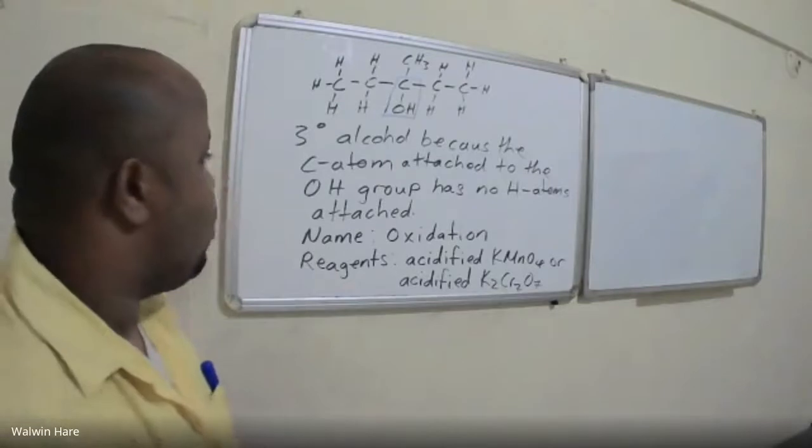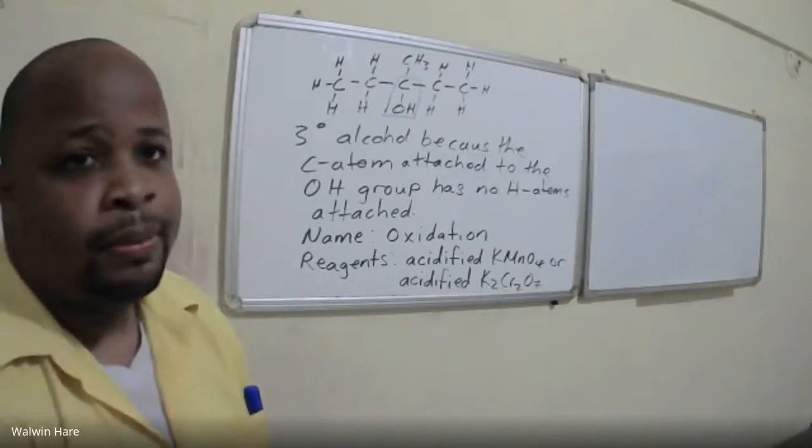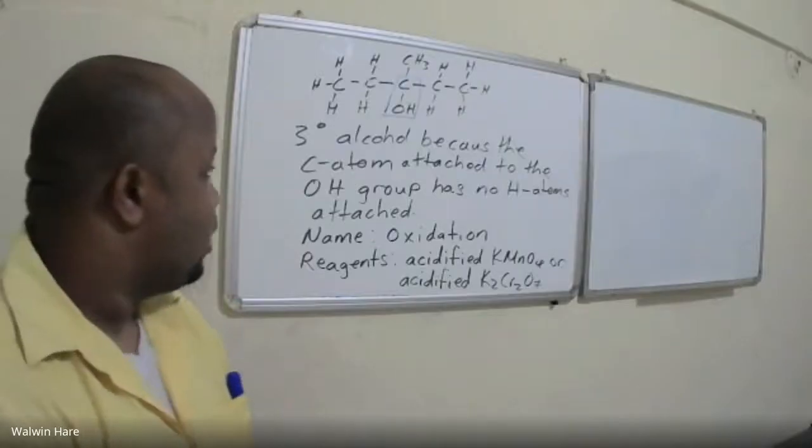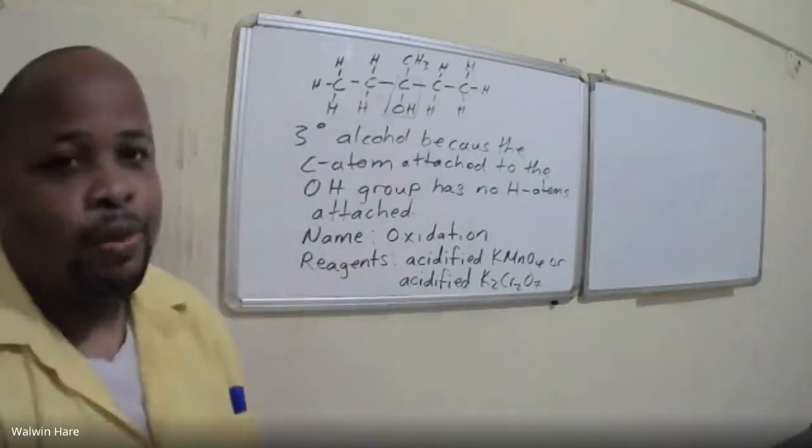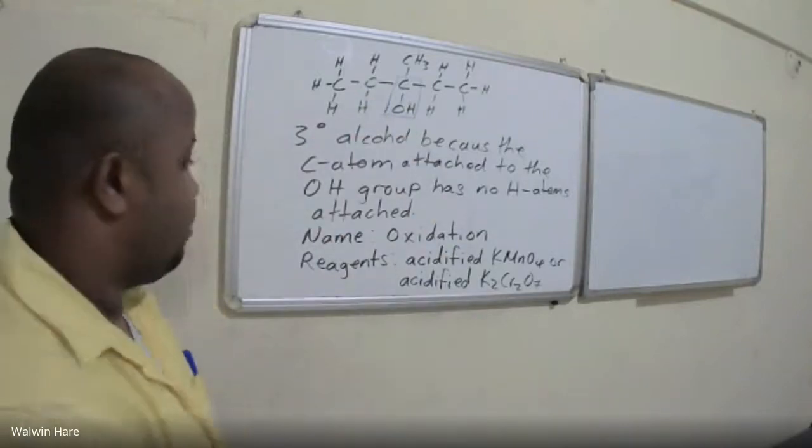Because the propan-1-ol has 2 hydrogens attached to the carbon with the OH. Right. And it's a primary alcohol as well, yeah? And this one will not be oxidized because it's a tertiary alcohol and it has no hydrogens directly attached.